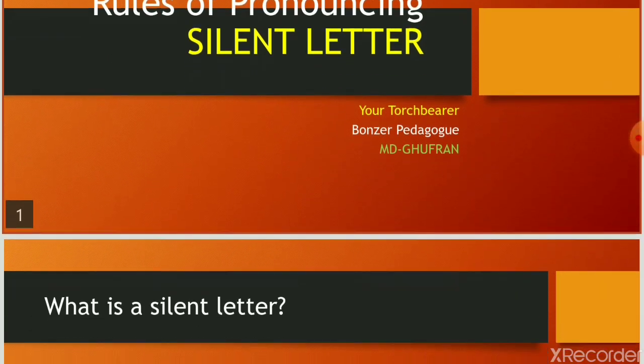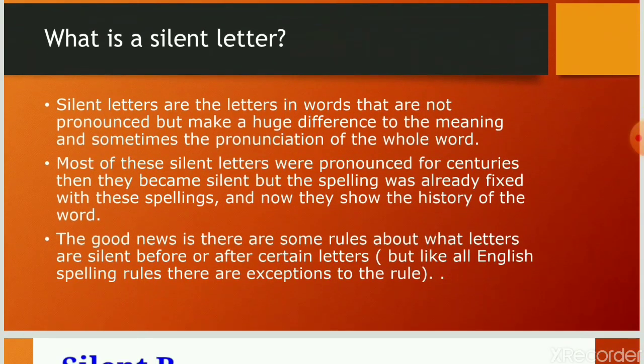So now we are going to start with what exactly a silent letter is. Silent letters are the letters in words that are not pronounced but make a huge difference to the meaning and sometimes the pronunciation of the whole word. There are some very common words that Indian students, teachers and lecturers mispronounce because they don't know the exact rules.